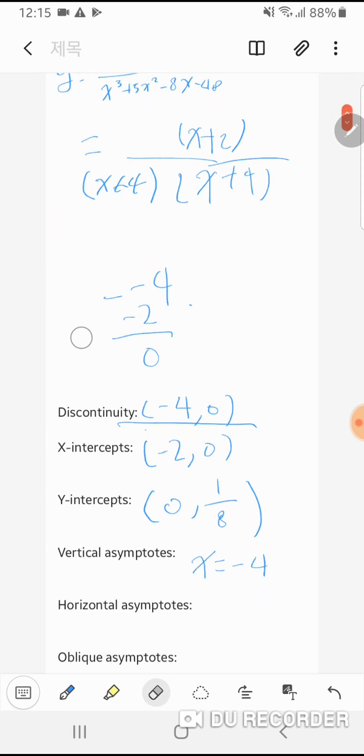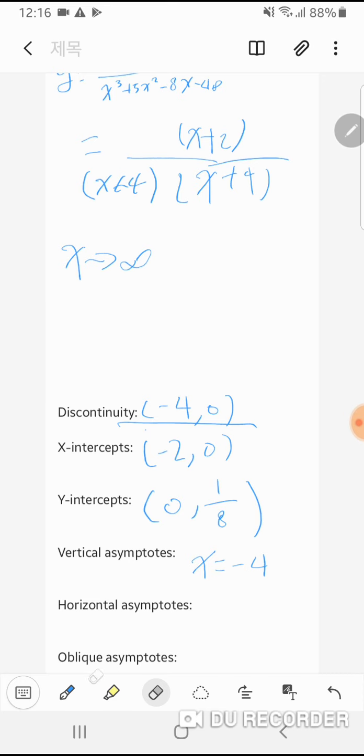And then the horizontal asymptote would be y. I would have to explain this as well. So our horizontal asymptote would be 0, because we can think of it as x approaches positive infinity and x approaches negative infinity.